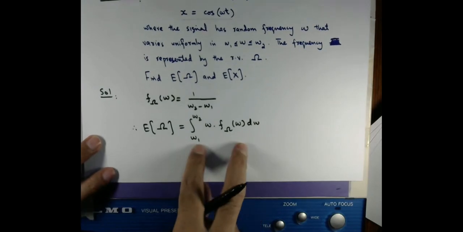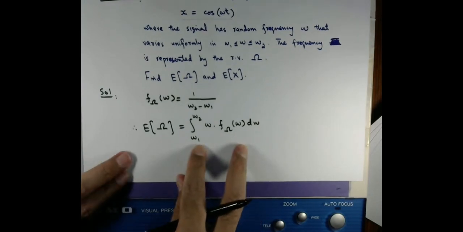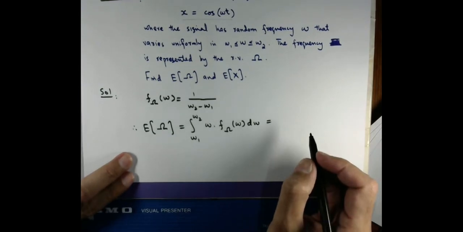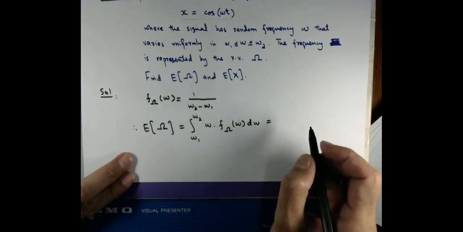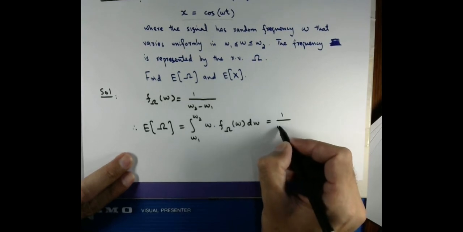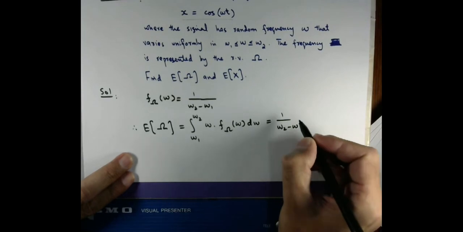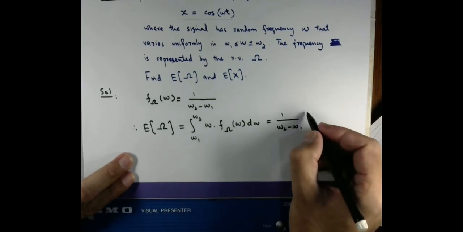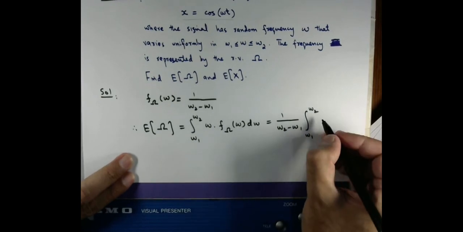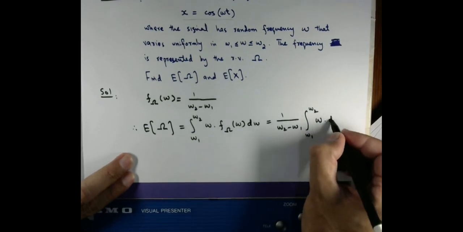This is simply the formula of the expectation. And so we can write it as 1 over omega 2 minus omega 1 times the integral from omega 1 to omega 2 of omega times d omega.